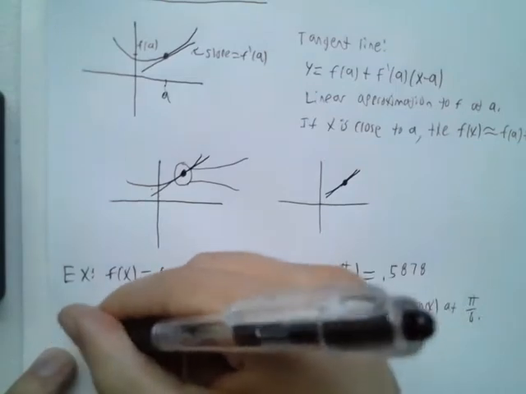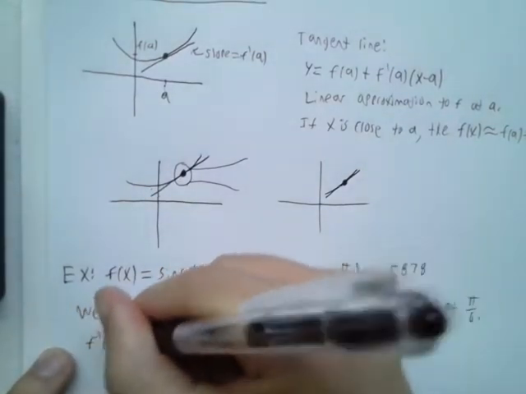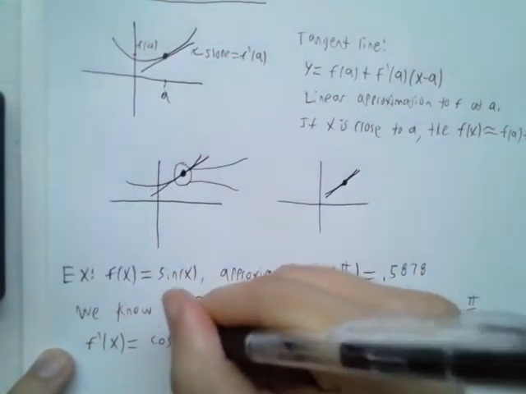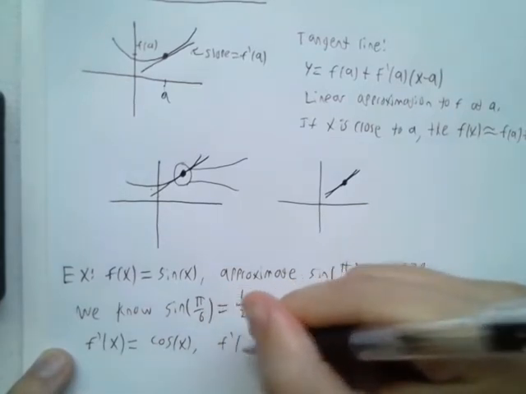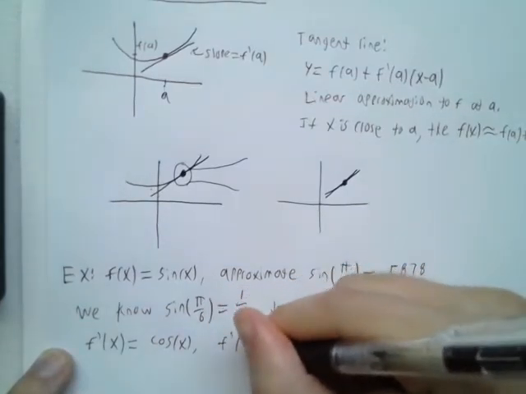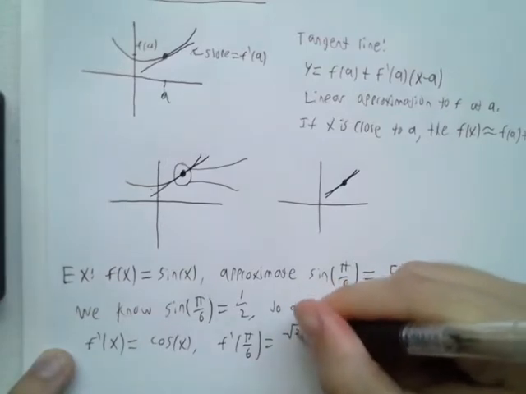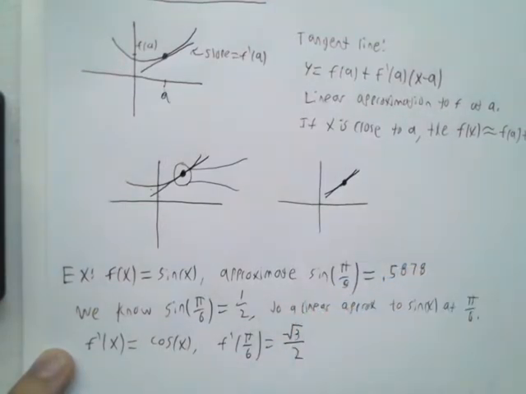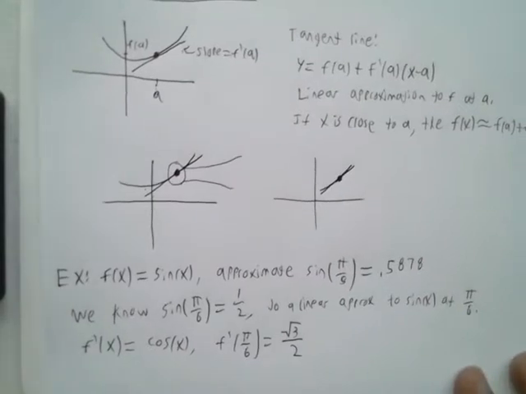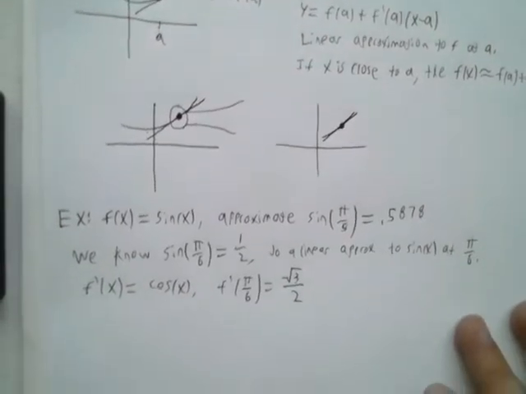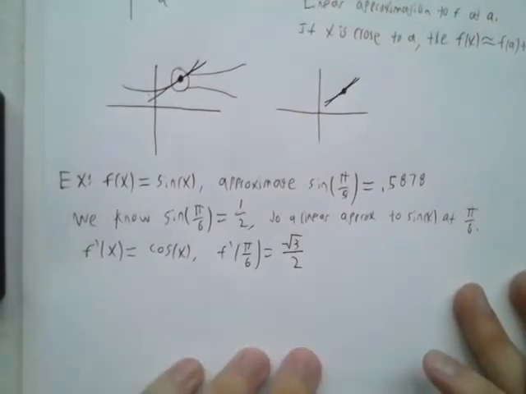We know that f prime of x is equal to cosine of x. So that means f prime of pi over 6 is going to be square root 3 divided by 2. And that's going to be the slope of our tangent line.